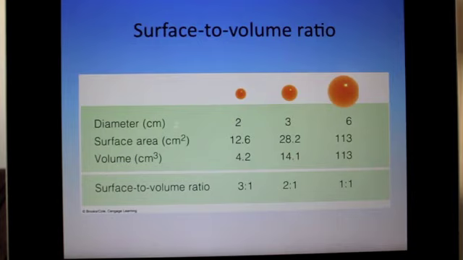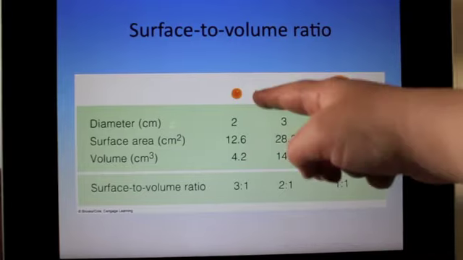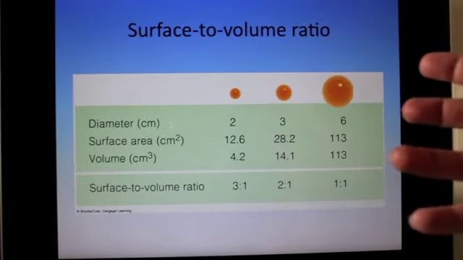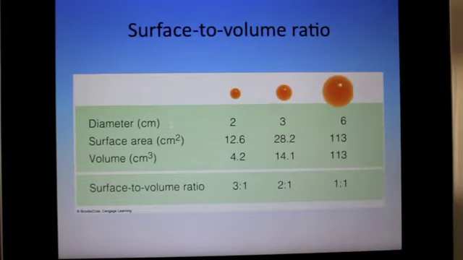And this has to do with something called the surface to volume ratio. If you have a very small sphere like this one, the diameter is 2 centimeters. The surface area, the area of the outside, the peel of the orange, would be about 12.6. And the volume is about 4.2.